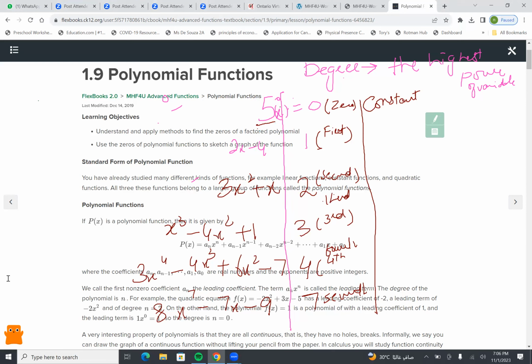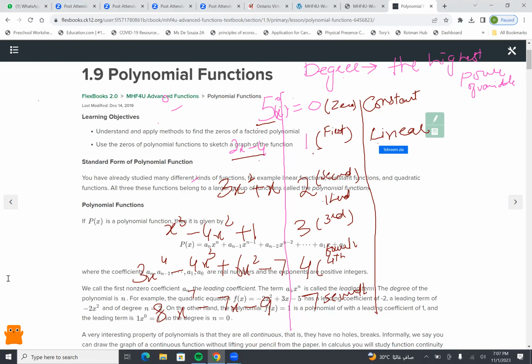So an expression with degree 1 is called a linear expression. Linear means the degree is 1.